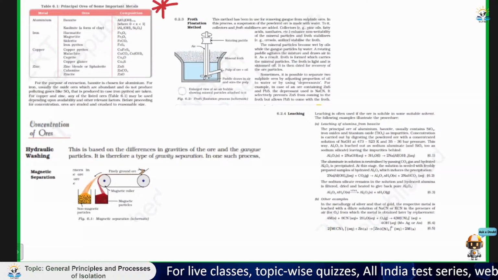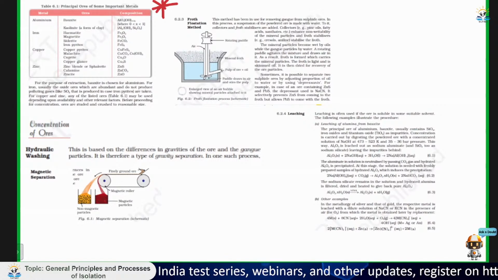At this stage, the solution is seeded with freshly prepared samples of hydrated Al2O3, which induces the precipitation. వచ్చిన sodium aluminate ni you're going to pass it through CO2 to break up the complex and obtain the aluminate in a hydrated form. And that hydrated aluminate ni you're going to heat it to get pure Al2O3.